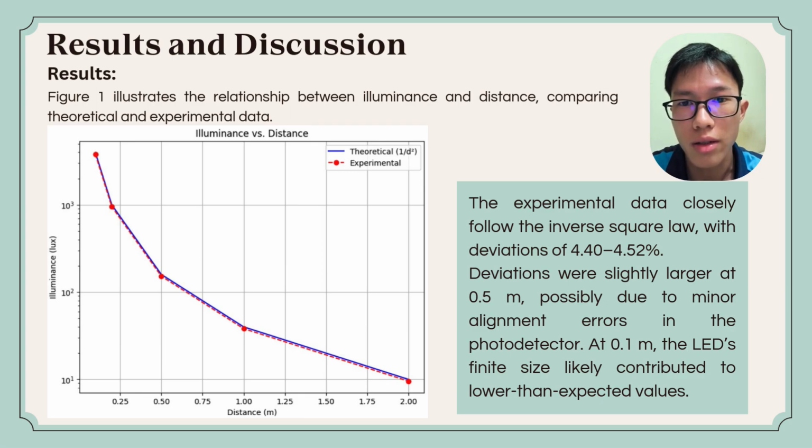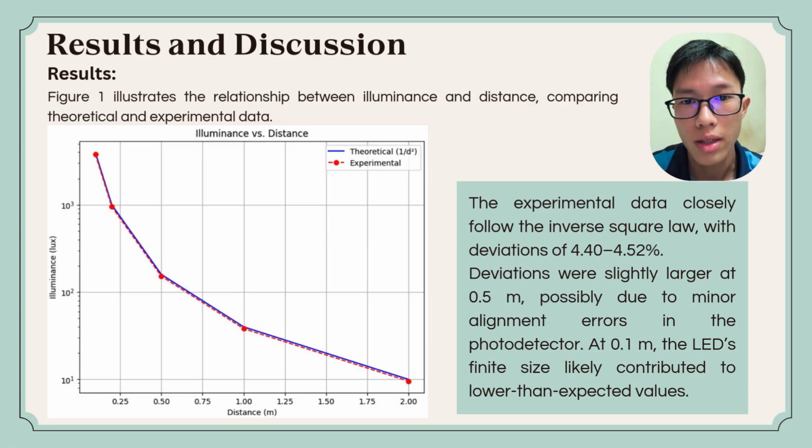So now we look at Figure 1. There's a graph that shows the relationship between illuminance and distance, comparing the theoretical and experimental data. As the distance is increased, the illuminance is decreased.